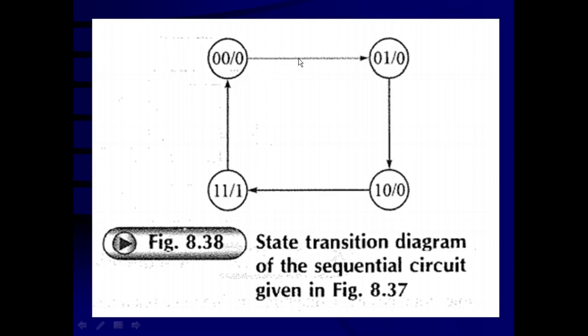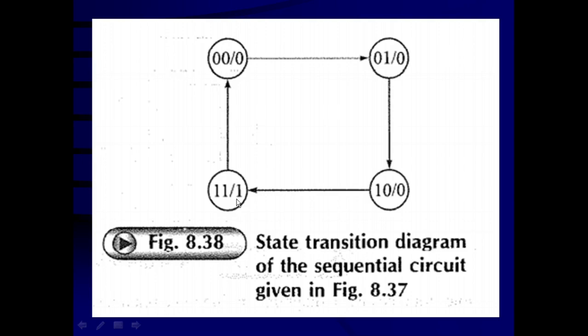The next state is going to be Bn equal to 0, An equal to 1, and the output remains 0. On the next state, Bn is equal to 1, An is 0, but the output still remains 0. After the fourth clock pulse, Bn is 1, An is 1, and the output becomes 1 now.